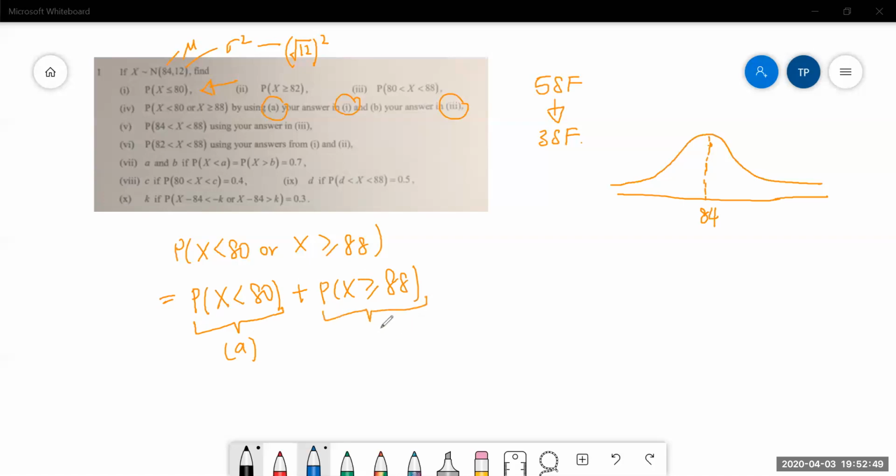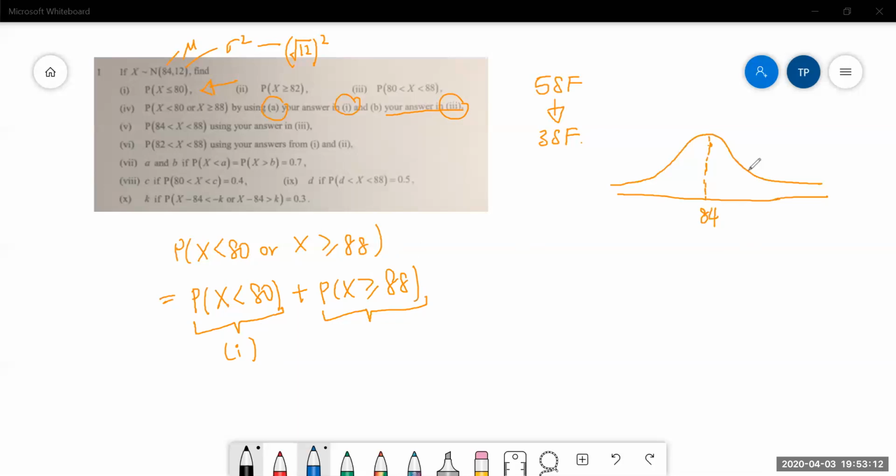Can we just use our GC? No, you cannot, because they say you have to use your answer in part 3. So how are we going to use the answer in part 3?